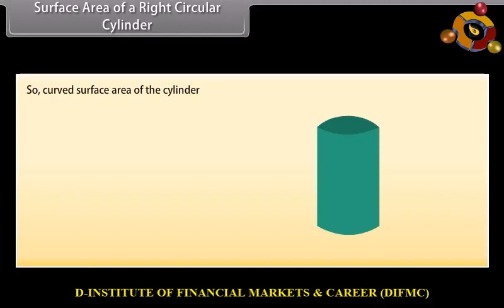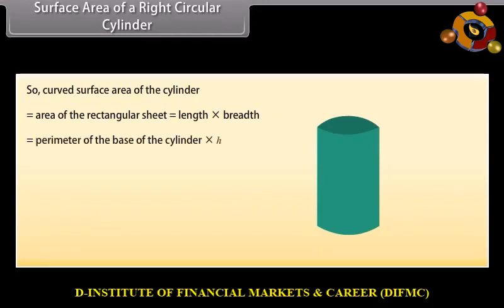So, the curved surface area of the cylinder is equal to the area of the rectangular sheet, which equals length into breadth, which is equal to the perimeter of the base of the cylinder into h, which equals 2 pi r into h. Therefore, the curved surface area of a cylinder is equal to 2 pi rh.